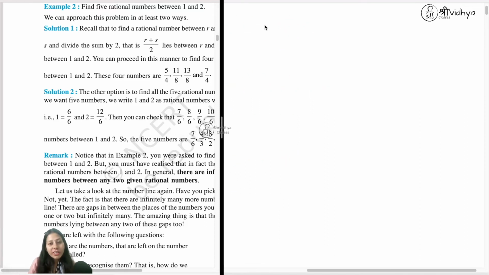How can we find it? First of all, write the numbers in the form of a fraction. How can you write? By putting 1 in the denominator. After that, multiply with the same number. That number we decide according to the number of rational numbers which we need to write.